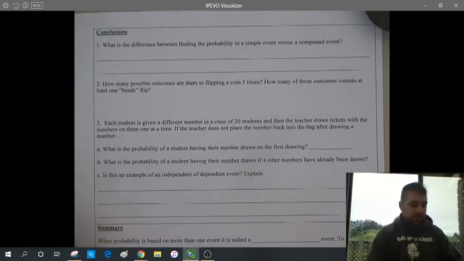Okay, in the conclusions. So what is the difference between finding the probability of a simple event versus a compound event?